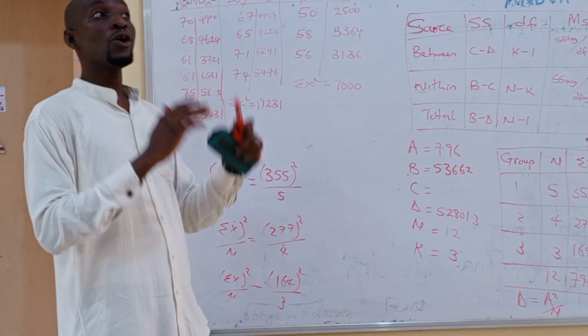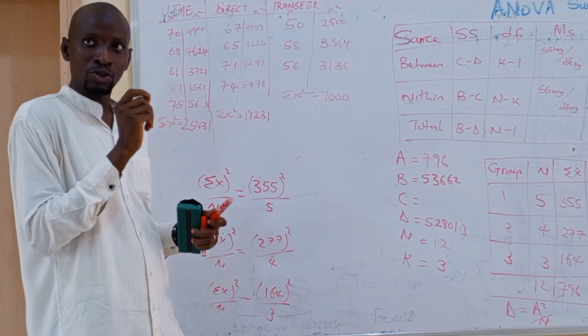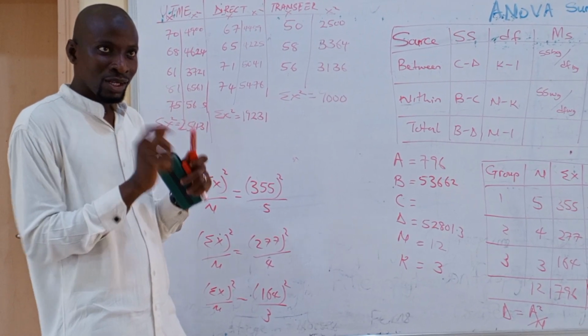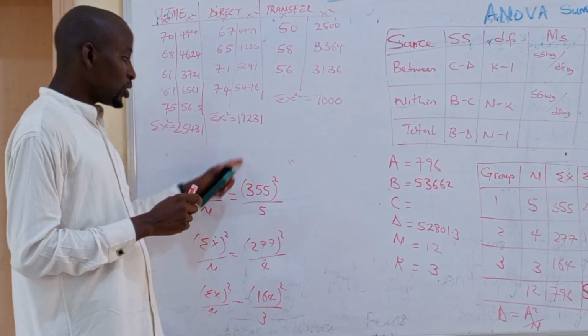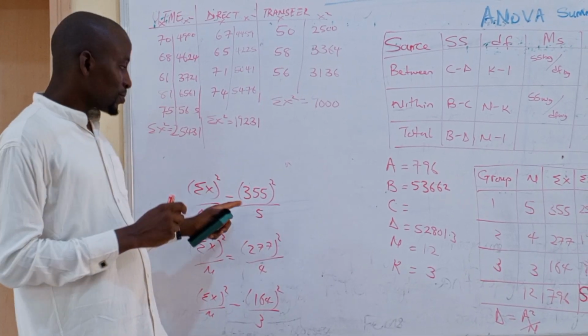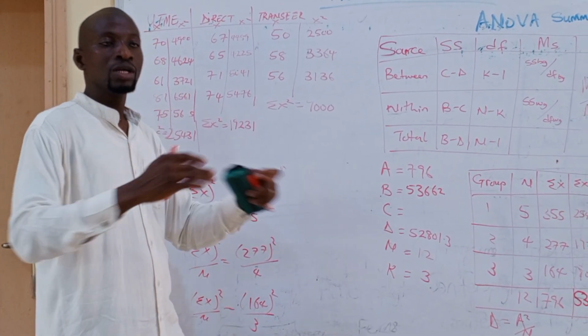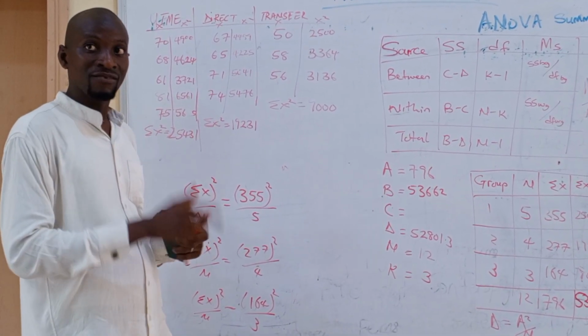But if you don't have the whole time, you can jump some little steps, though you will also miss some little marks. But you have to be careful where you jump. If I am to rush, I will only use my calculator to compute this and write the final answer. But if there is still time, I will also state it out, because if I am going to get every mark, all those steps are very vital.